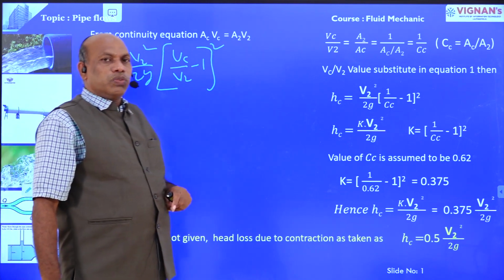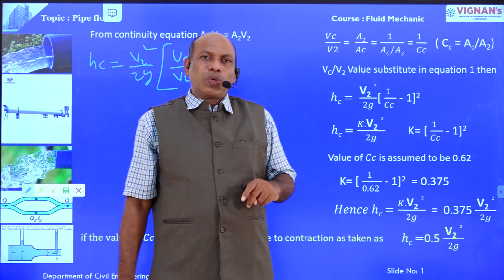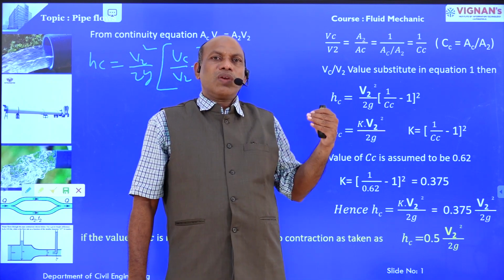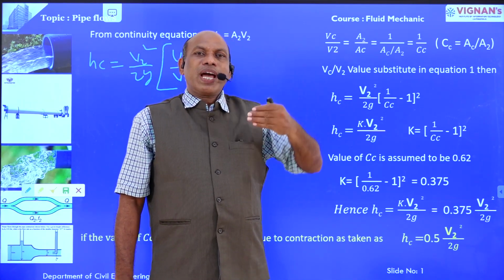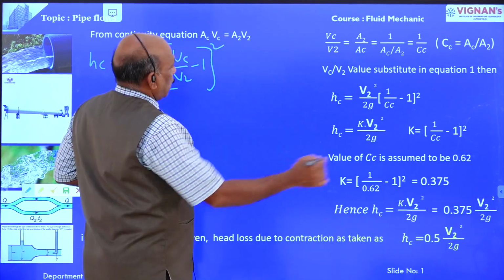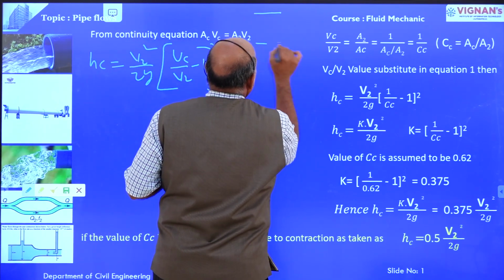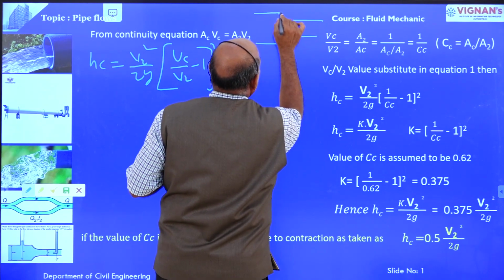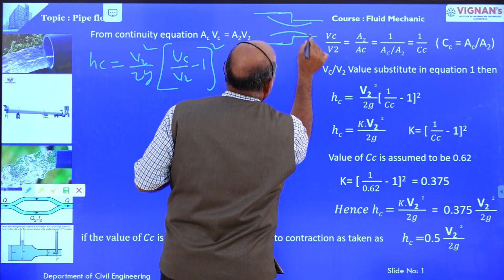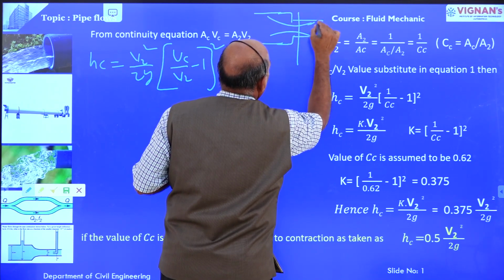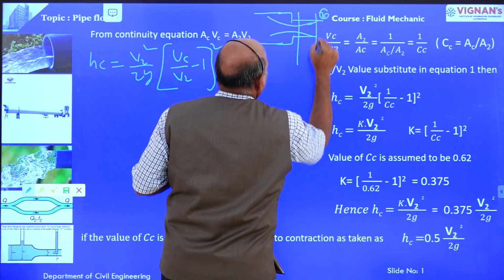Now, we want to determine the head loss due to contraction. Here we are going to apply the continuity equation at the vena contracta and at section 2-2. This is section 2-2.